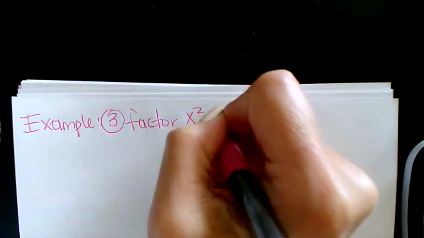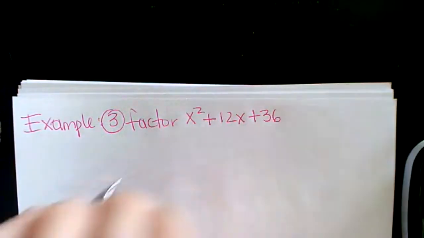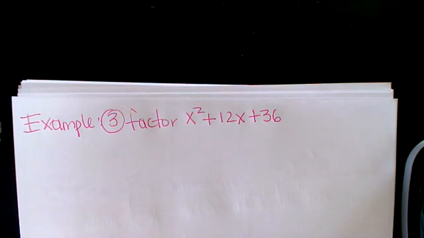It says factor x squared plus 12x plus 36. Okay?